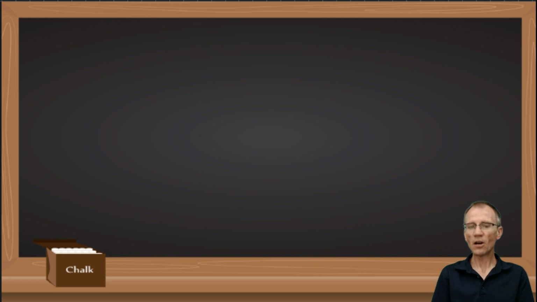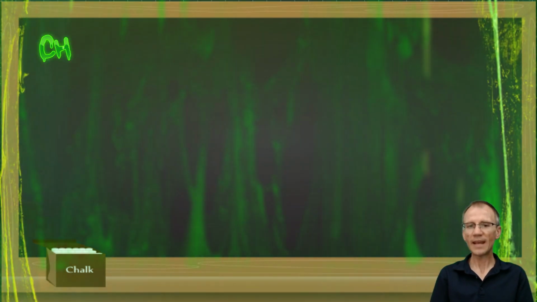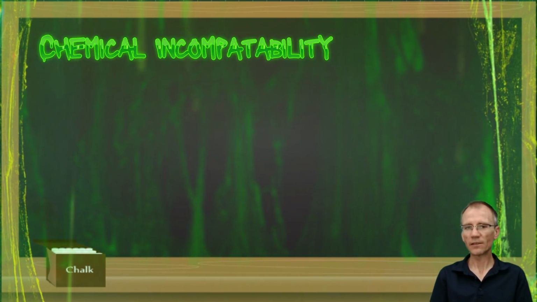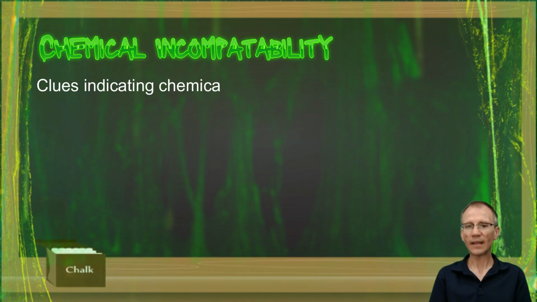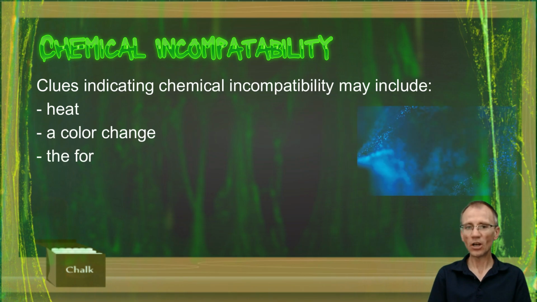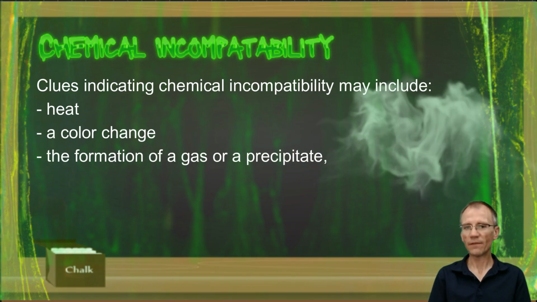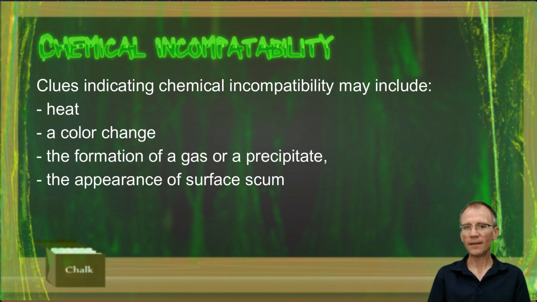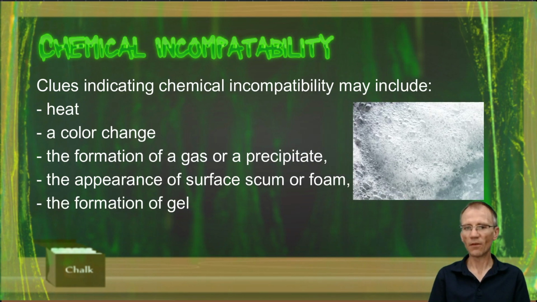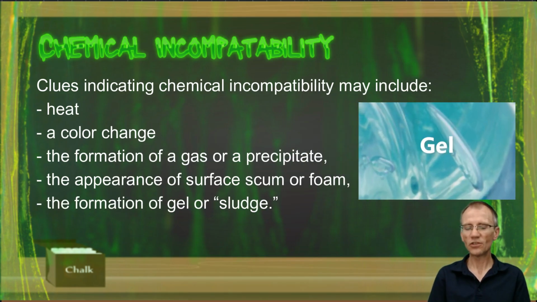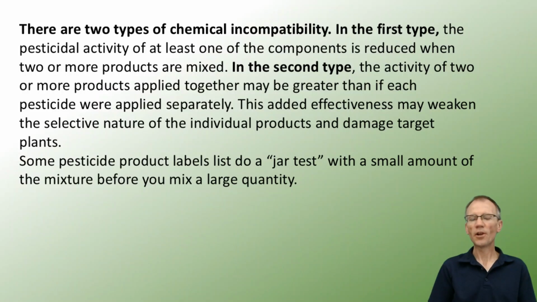Now, as we've been talking about, you're going to need a good understanding of chemical incompatibility as well. Clues indicating chemical incompatibility may include heat, a color change, the formation of a gas or precipitate, the appearance of surface gum or foam, the formation of gel or sludge. There are two types of chemical incompatibility.